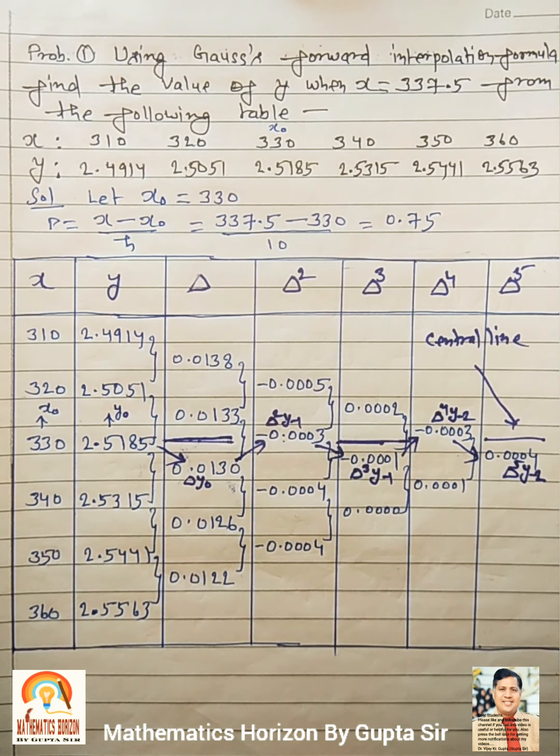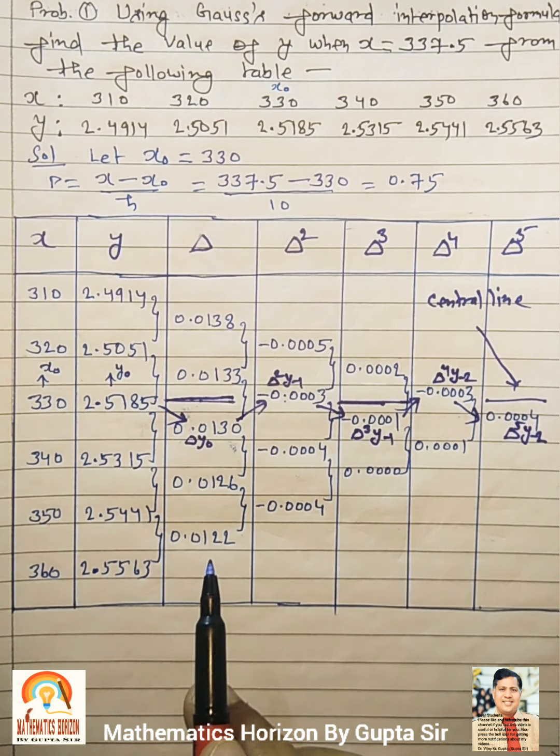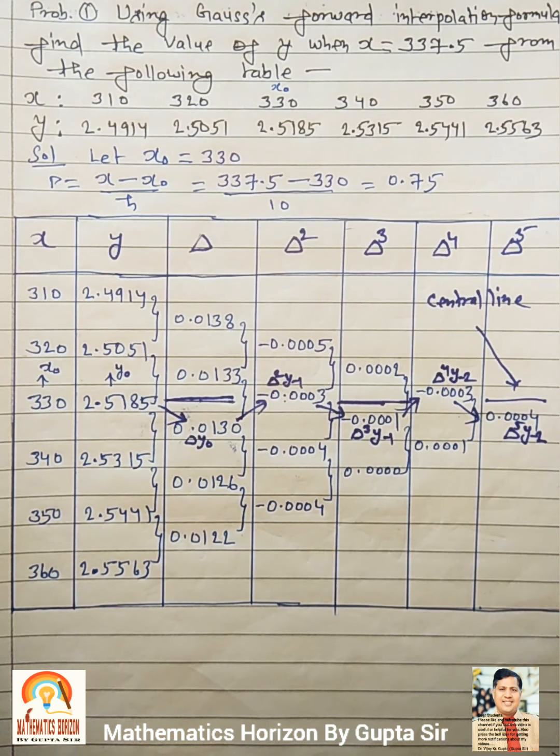Okay, these are the values located on the central line and above and below this central line.